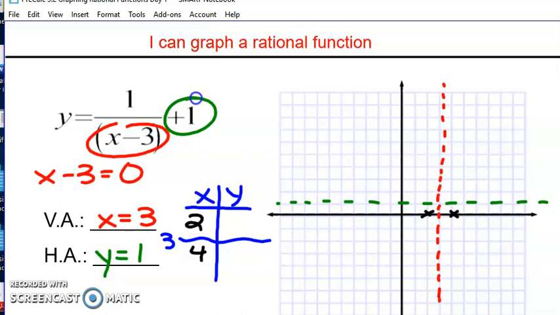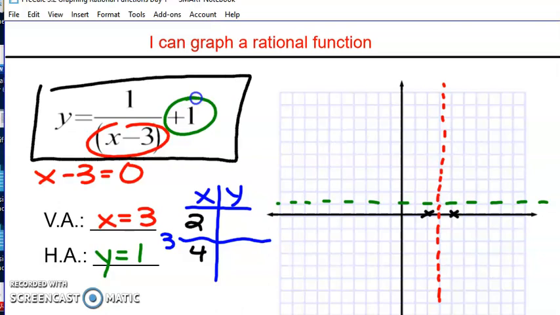But then, of course, how do I figure out what y is? Well, if I know what x is, I can always find y by plugging it in to the original equation. So if I plug in 2, 1 over 2 minus 3, well, 2 minus 3 is -1. 1 divided by -1 is -1. -1 plus 1 is 0.